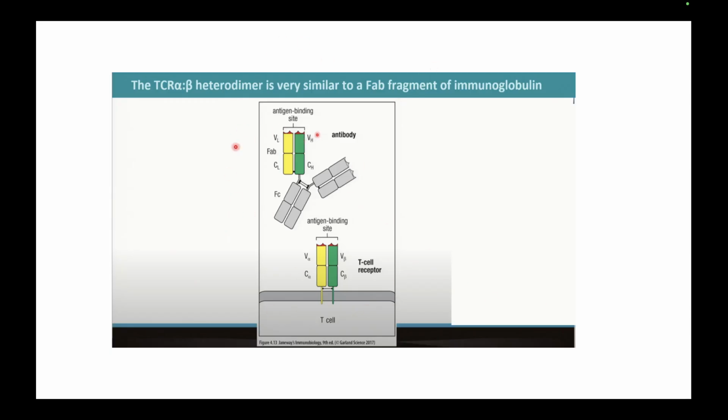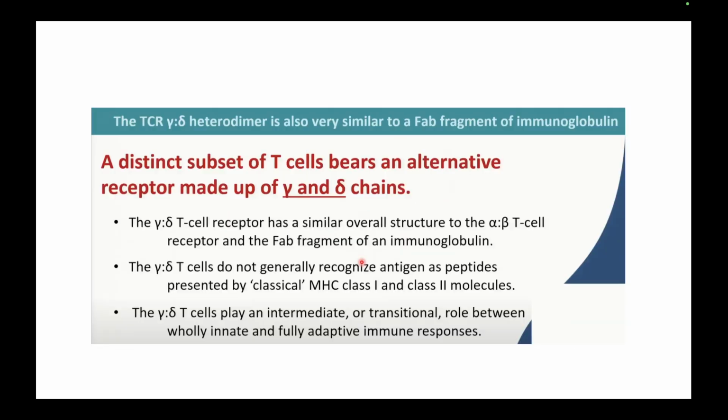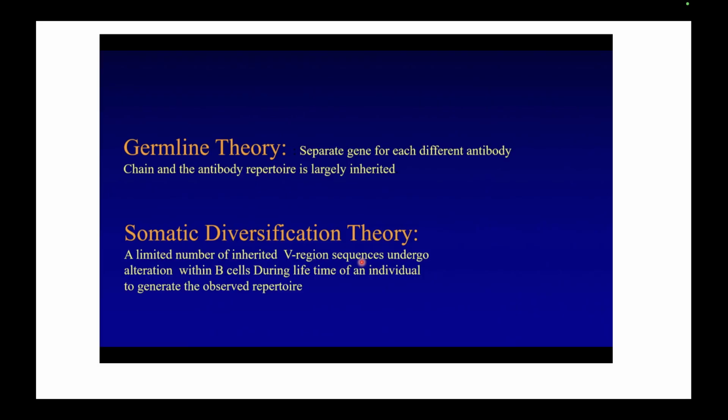Structure-wise it is similar to the T cell receptor. The TCRs are found on a distinct subset of T cells. They bear an alternative receptor, either an alpha-beta receptor or a gamma-delta receptor. There are different theories for so much variability.